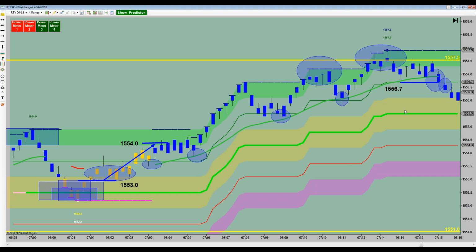Approach number 2 would be the same entry, exactly the same entry. However, instead of pulling one off at 10 ticks, you let the 2 run all the way. And as the first contract is hitting resistance, which you knew ahead of time, we drew that in the pre-market session. We knew this was resistance and it came right to it.